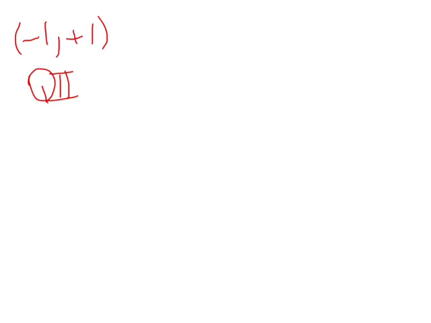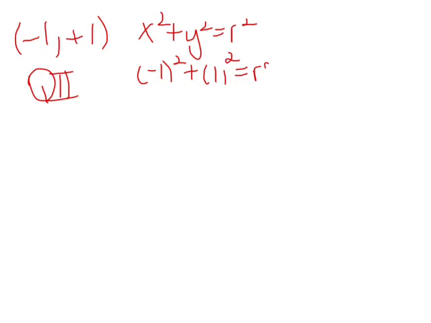So for r, we know that x squared plus y squared is r squared. So we're going to put in -1 for x, a +1 for y, and so we get 2 equals r squared. So we're going to say r is the square root of 2.